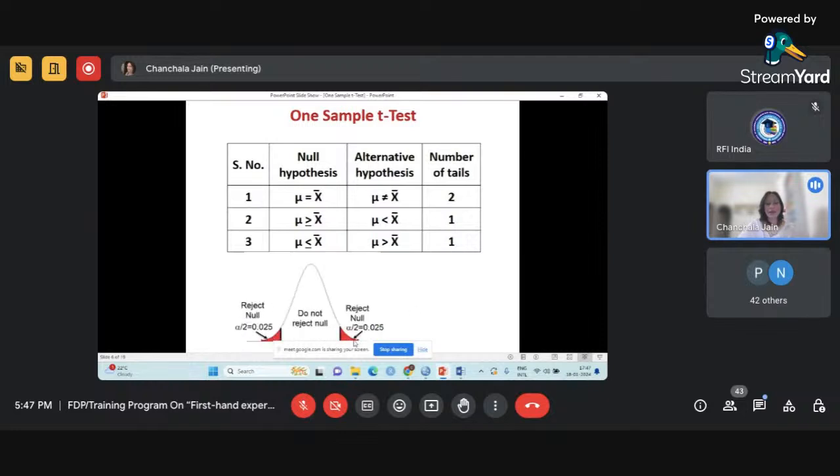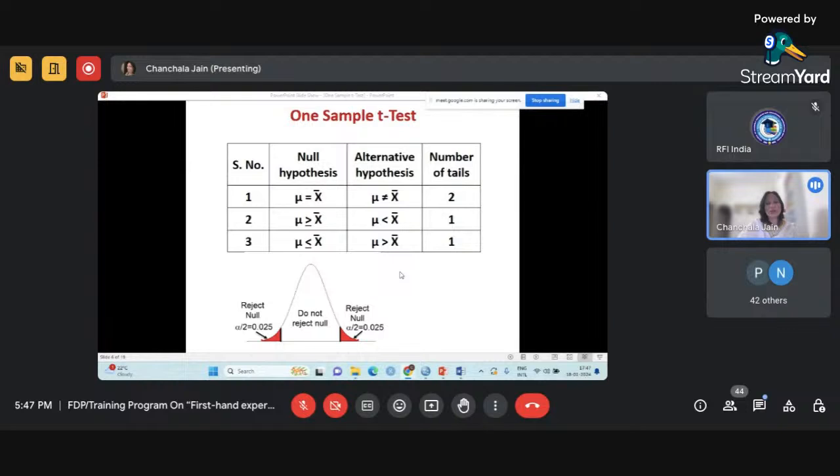Looking at the graphs, let me shift it here. Looking at a graph, this is the bell-shaped curve, the normal distribution curve. The rejection region for this particular two-tailed test will fall on both the tails, right? And this would be the acceptance region of your null hypothesis. So this is the case of two-tailed test.